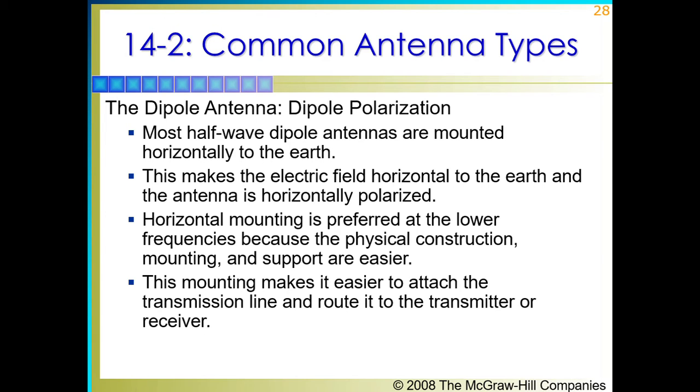Horizontal mounting is preferred at the lower frequencies because the physical construction, mounting, and support are easier. This type of mounting also makes it easier to attach the transmission line and route it to the transmitter or receiver, while vertical mounting is common at the higher frequencies where the antennas are shorter and made of self-supporting tubing.